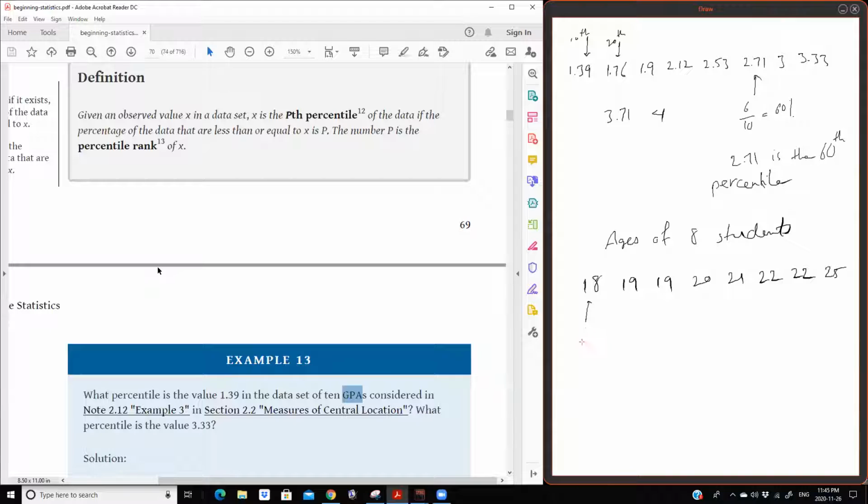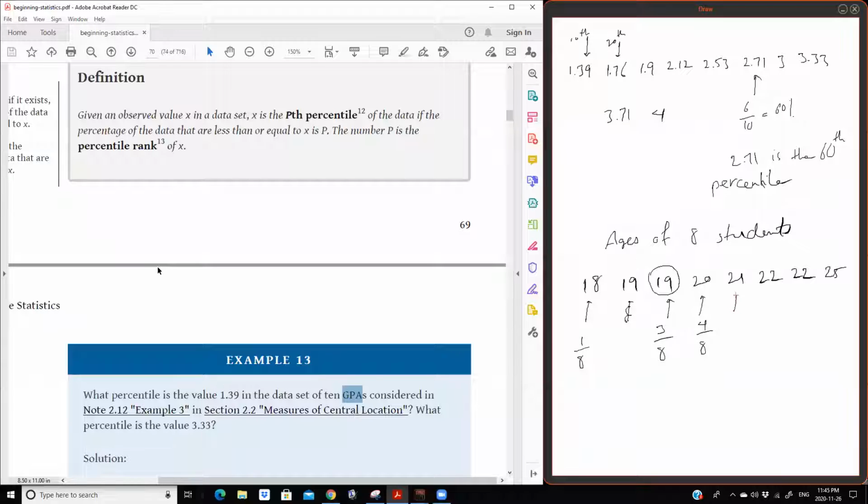18 is the 1 over 8 percentile. 19 would be 3 over 8 percentile. 20 would be 4 over 8 percentile. Because look, for 19, the question is how many students have an age less than or equal to 19? 3. Yes?